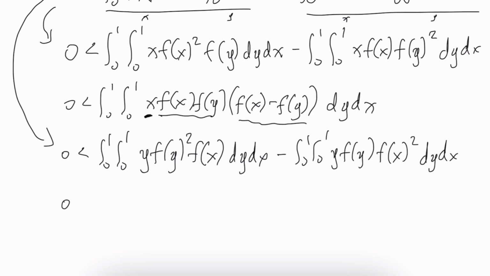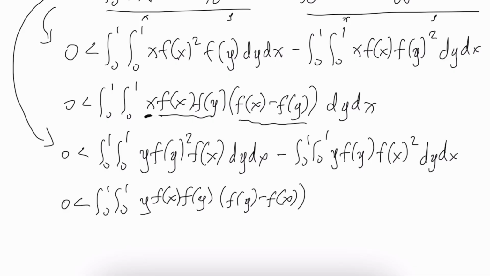Now combining and factoring, we'll have the double integral 0 to 1 of y f of x f of y minus f of x.